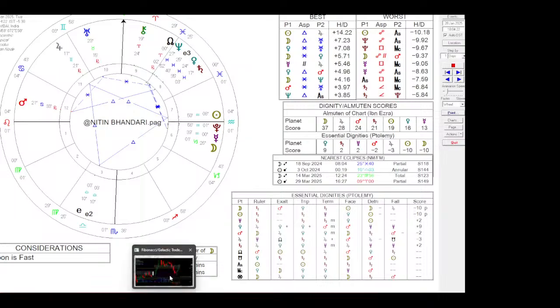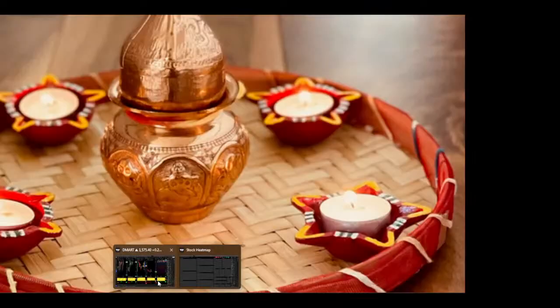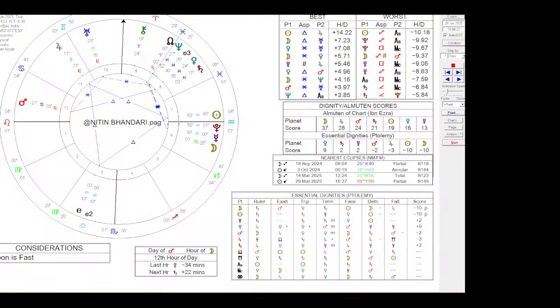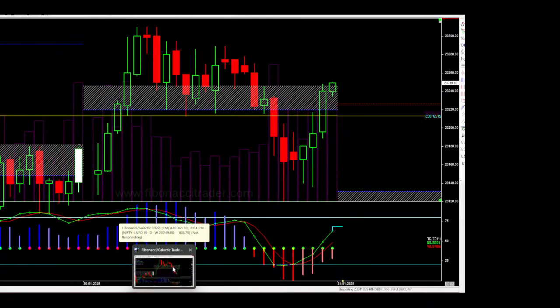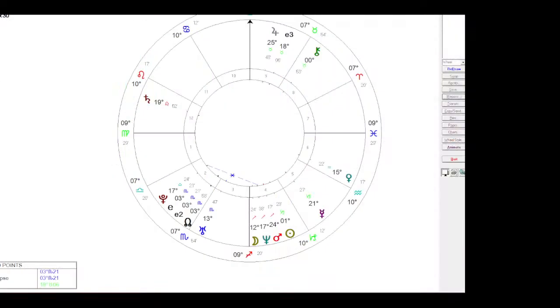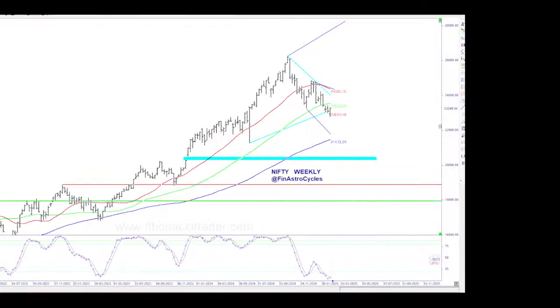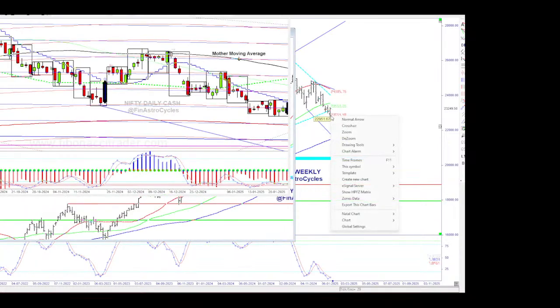Now if we see a Nifty chart here, let it load. Till it loads, let's wait for a minute. Then we'll be able to understand exactly how the price was converging with time. So this is the Nifty chart and it is loading.